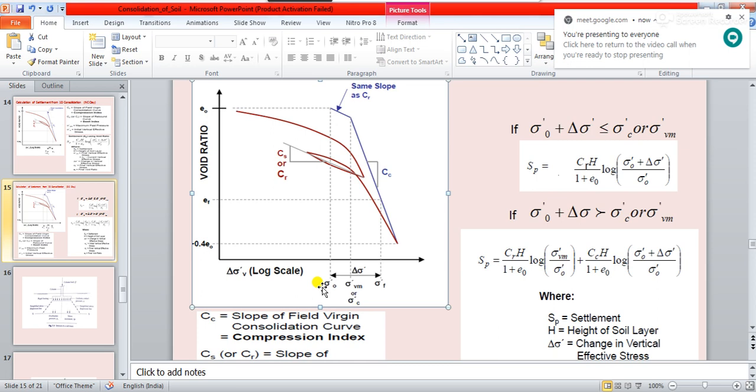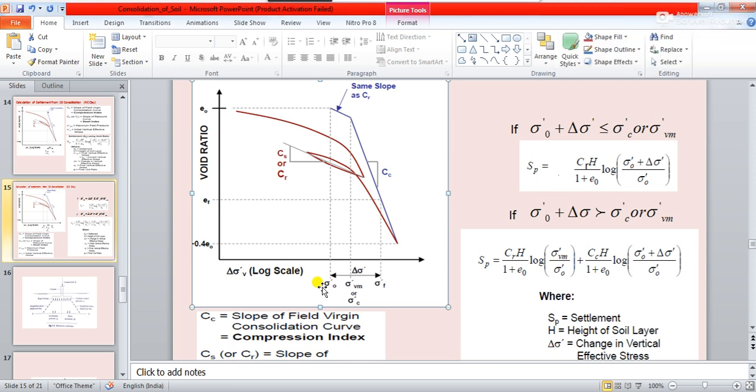Now there may be two cases. In one case, after the addition of the delta sigma to the initial pressure, sigma naught plus delta sigma in some cases may be lesser than the past overburden pressure which the soil has experienced. Okay, that is sigma Vm, that means the pre-consolidation pressure.